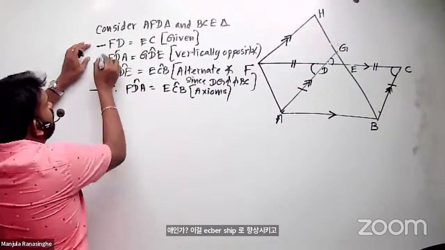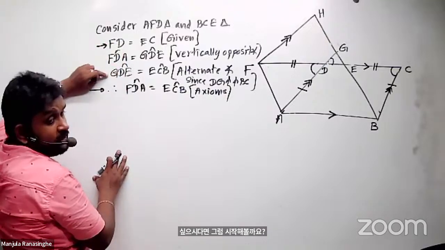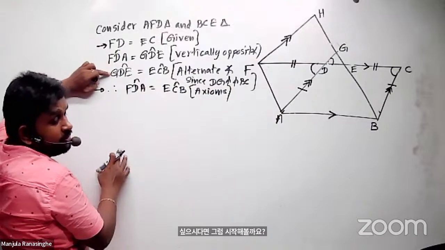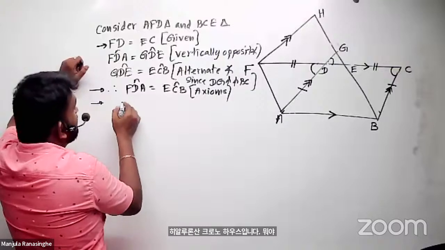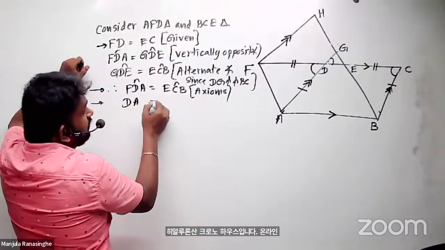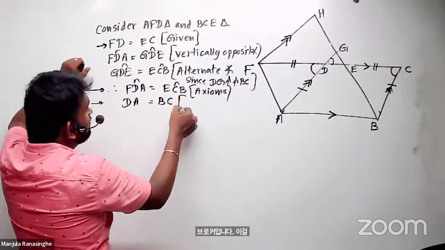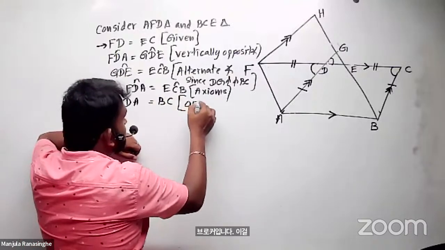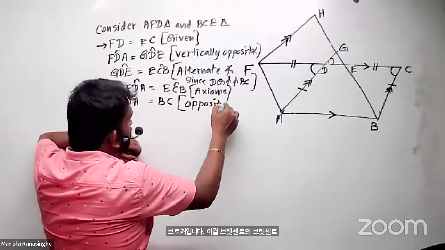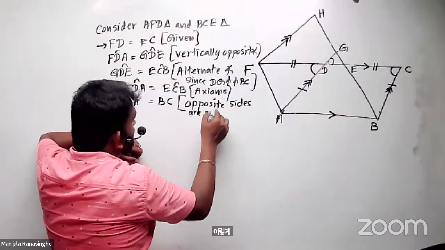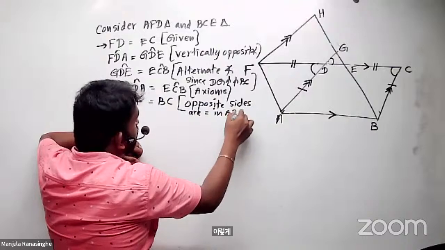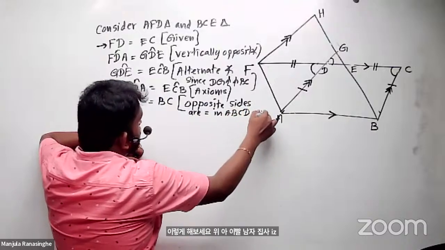This is the second component, where we prove how we got this equal. Now, the third component is DA equals BC. The reason: the opposite sides of a parallelogram are equal in parallelogram ABCD.